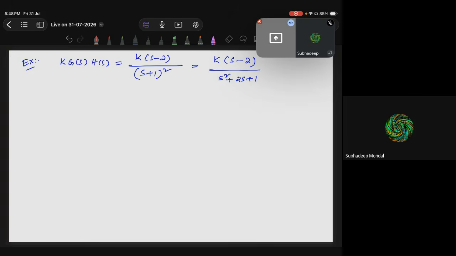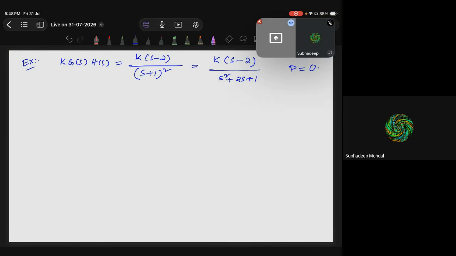What is the P value? So here the P value is 0. Am I correct? Because how many open loop poles do we have? We have 2 poles. What are the 2 poles? -1 and -1. They are on the left hand side. P is nothing but the number of open loop poles on the right hand side.